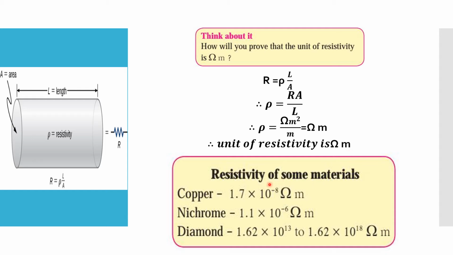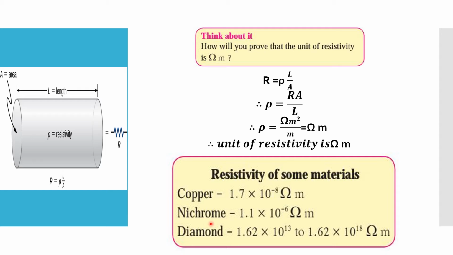Now we have already learned that the resistivity of every material is different and it remains constant for that material. Here there is the resistivity of some materials given. The resistivity of copper is 1.7 into 10 raised to minus 8 ohm meter.